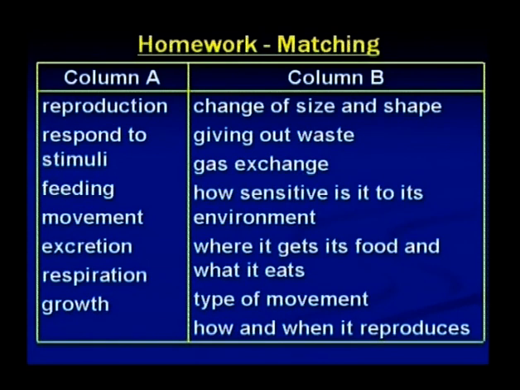Change of size and shape, giving out waste, gas exchange, how sensitive it is to the environment, where it gets its food, what type of movement, or how and when it reproduces. Which one? Okay, so your arrow should be from the first one to the last description. Is that clear? Okay, that's your homework.